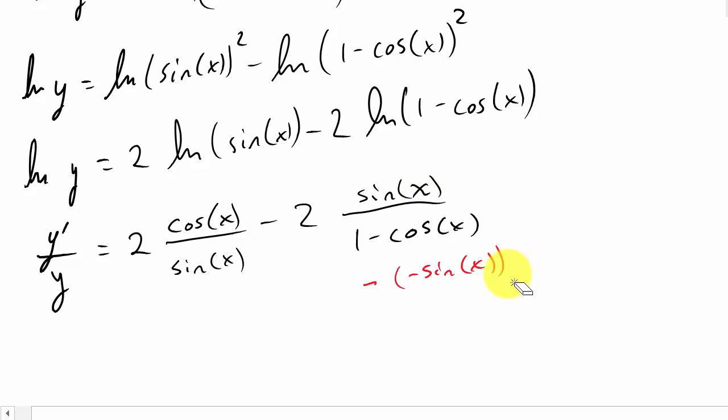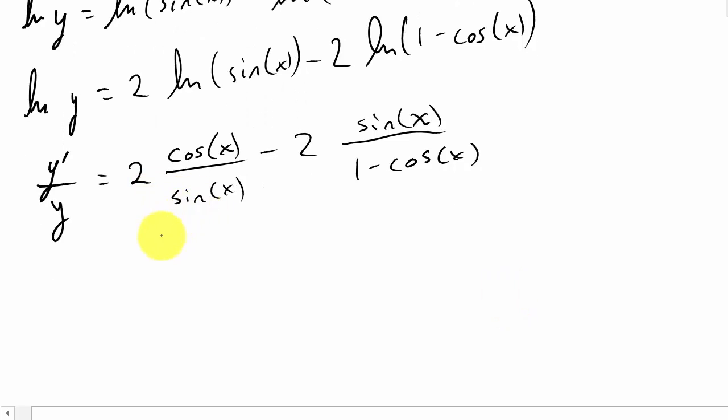Looking at this, there are a couple of things you could do. You could factor the 2 out, or you could get a common denominator. I think we'll just do this.